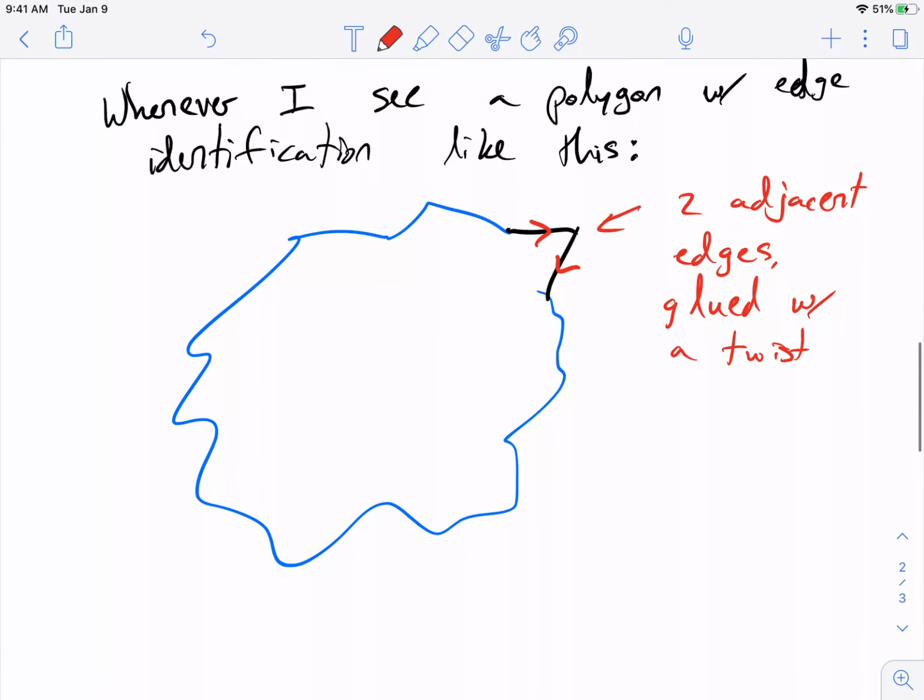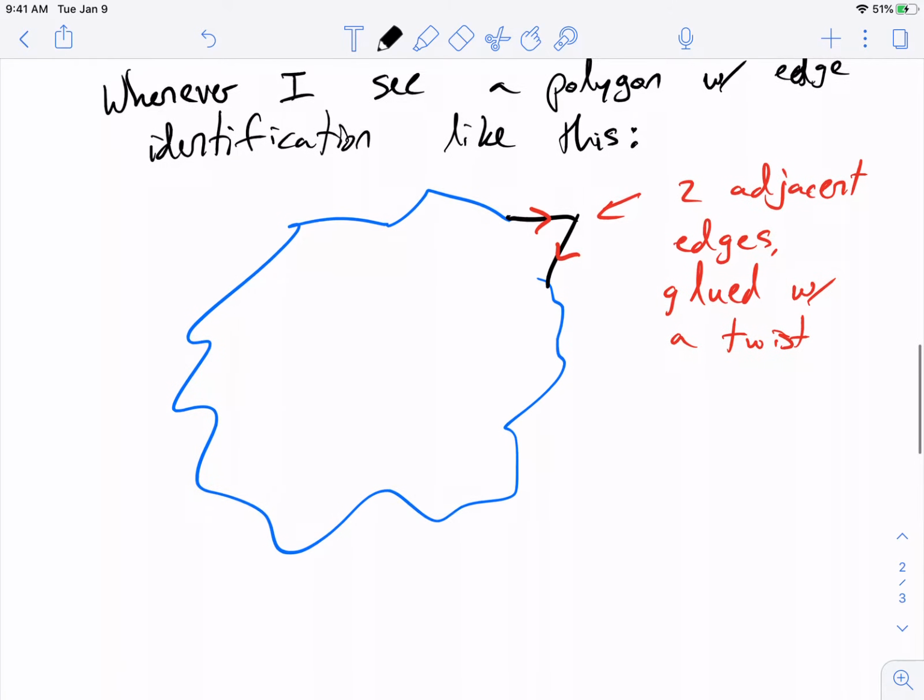If I see this, I know that it has to be the connected sum of the blue part with an RP2.